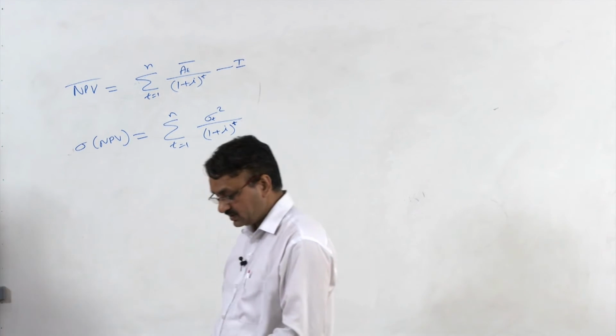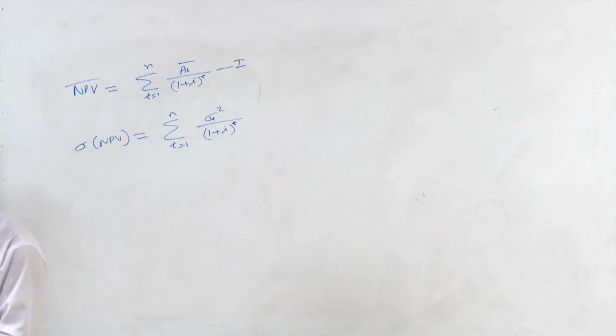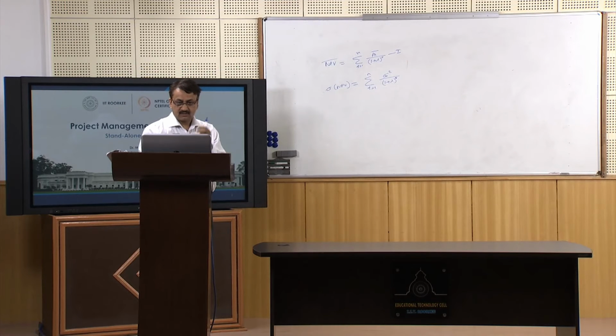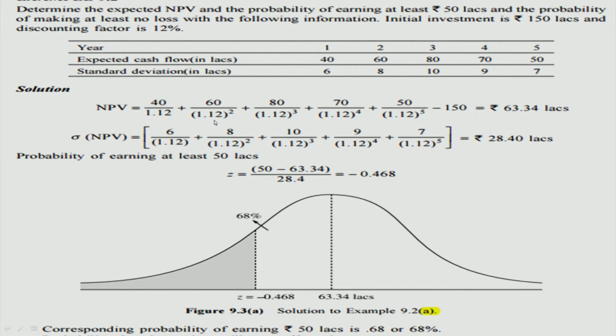So, let us solve a question, or if you want, you just solve this question. So, for this question NPV is 40 by 1.12, 60 by 1.12 square, 80 by 1.12 cube, right, because you need to just increase value of t by 1 every time, right.